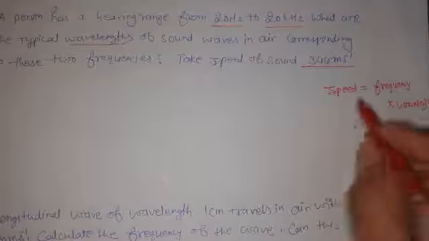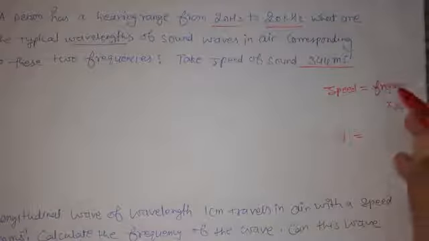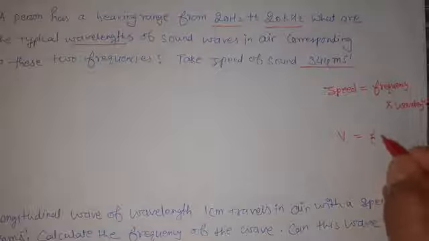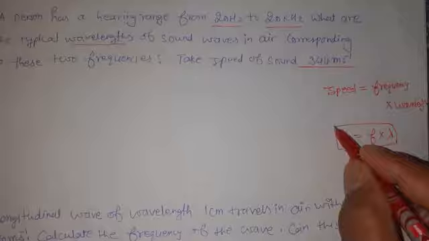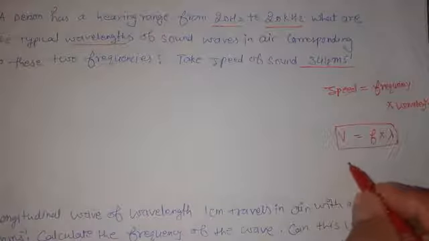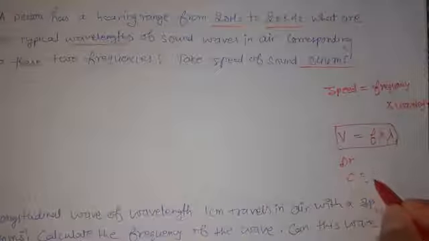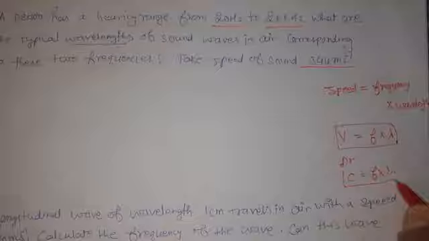If the speed is less than the speed of light, it is v equal to f into lambda, where v is speed, f is frequency and lambda is wavelength.